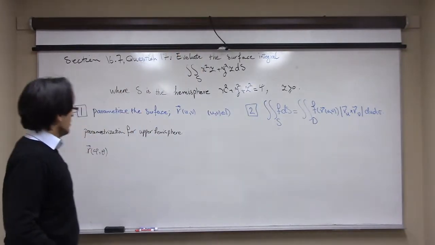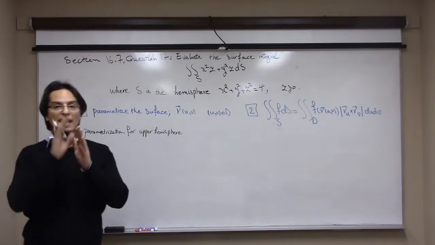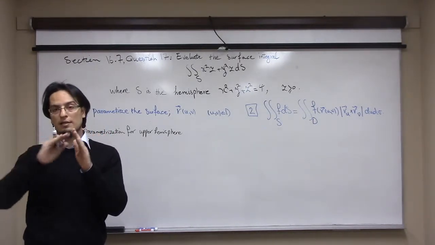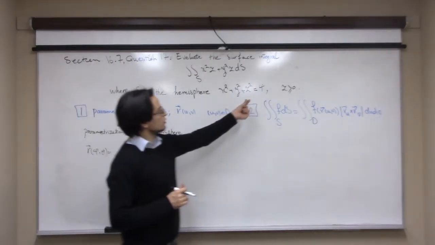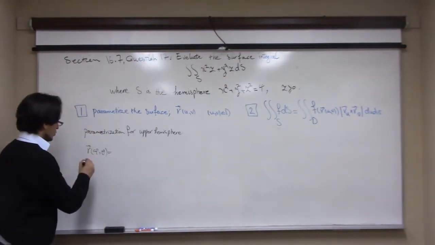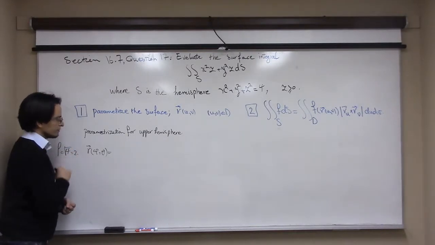But what is the description of that? In this case, I'm just taking the sphere. So my rho, the distance from the origin, is going to be equal to the radius of this sphere. So rho is going to be the square root of 4, which is 2.